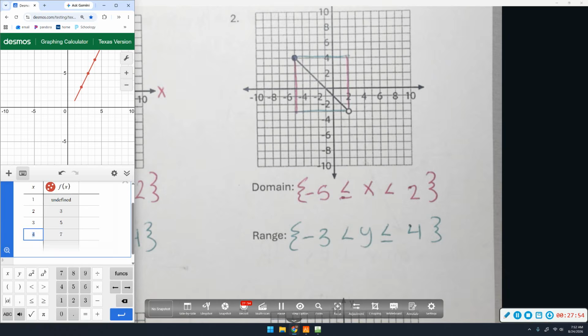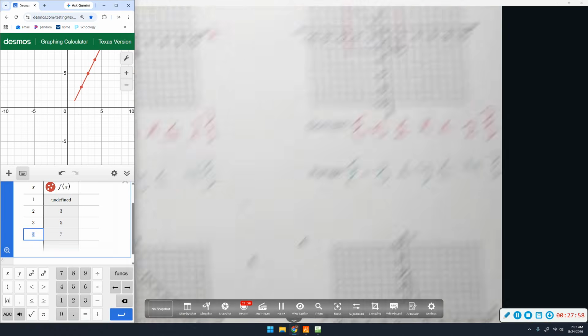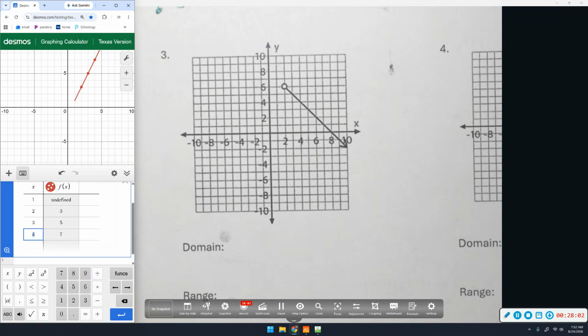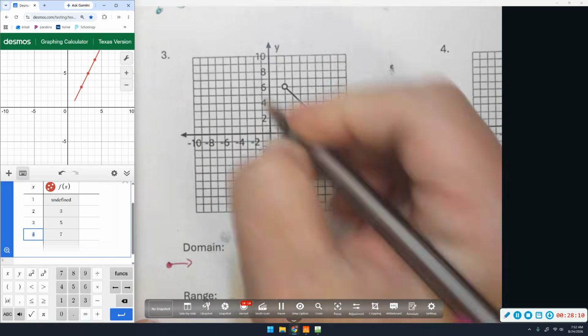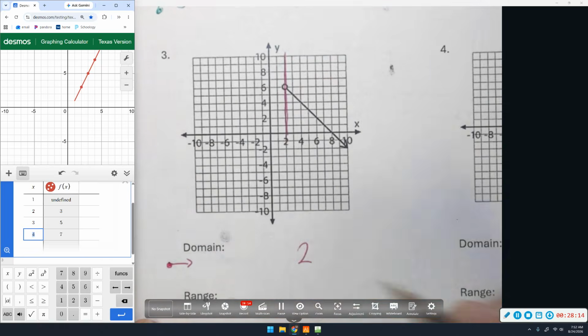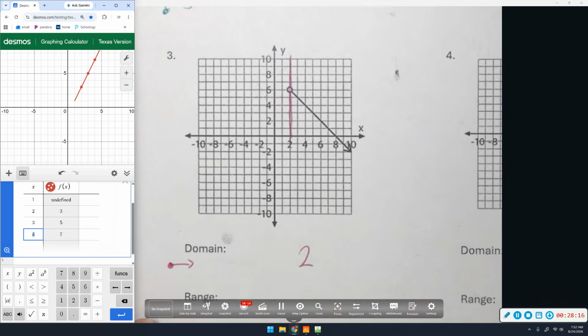Okay, one more together. I want to do this one because it has an arrow. And remember I said when it has one arrow or one dot, it only has one number in the domain and range, right? So what's the farthest left this graph goes? +2. And is x greater than that or less than that?